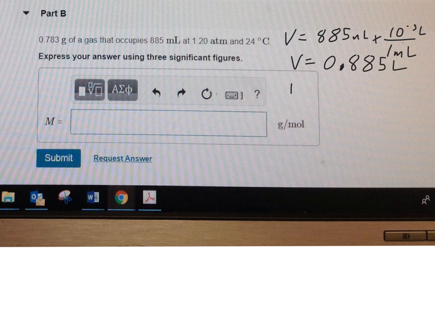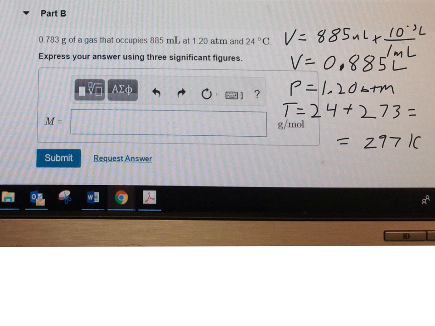Then our pressure, hey, they gave us pressure in units that were nice. Yay us. And then our temperature, they gave to us in that evil of all scales, Celsius. So we're going to have to convert to Kelvin. And that's 297 K is now our temperature.